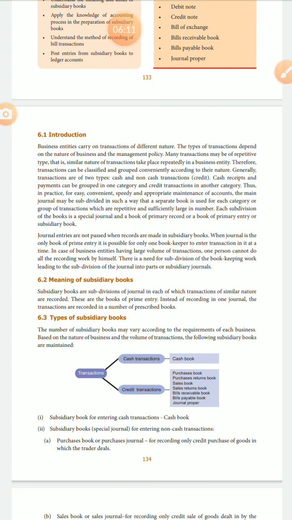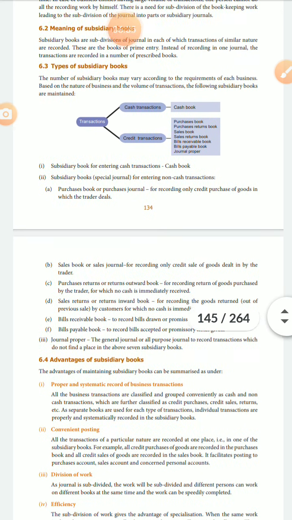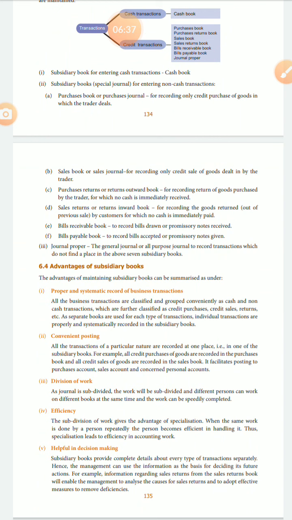Subsidiary book for entering cash transactions: the cash book. Subsidiary books, special journals, for entering non-cash transactions: the purchase book or purchase journal for recording only credit purchases of goods by the trader. Next, the sales book or sales journal for recording only credit sales of goods by the trader.